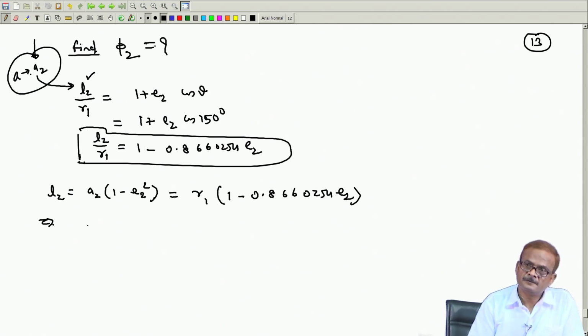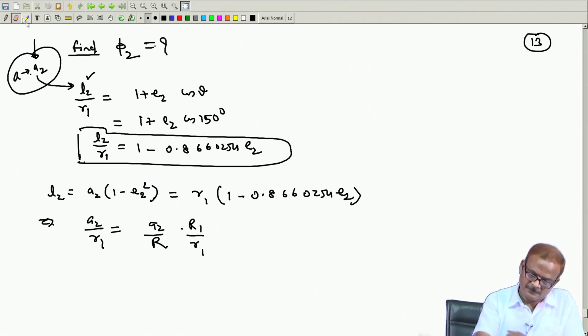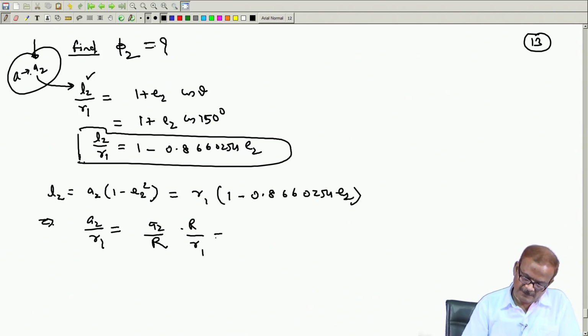So, we have to solve. Okay. A 2 by R 1, this quantity, is A 2 by R times R by R 1. So, inserting these values, A 2 by R is given to be 3.60, and then we have the R 1 by R value, which is known to us. So, this is 3.6 and we have already calculated this was 4.4159708.